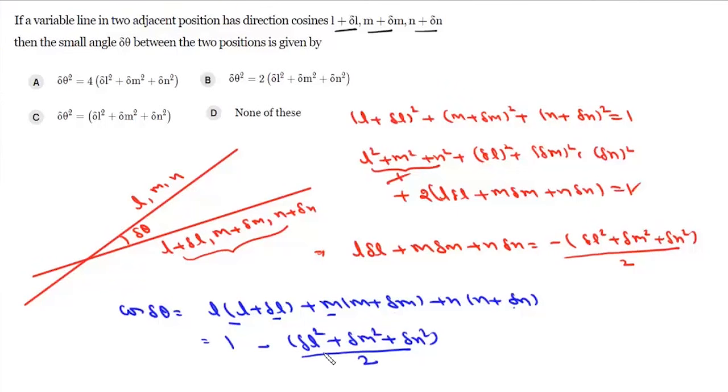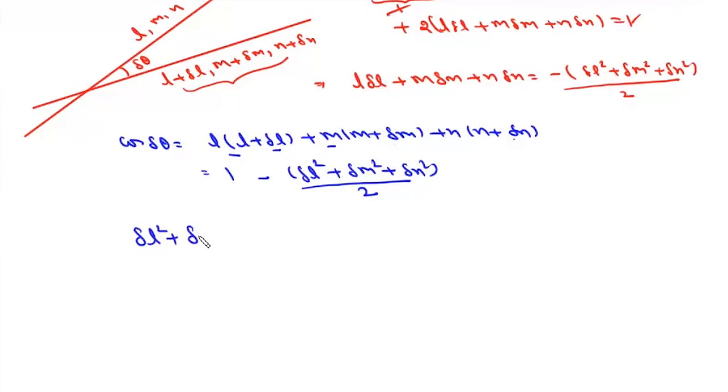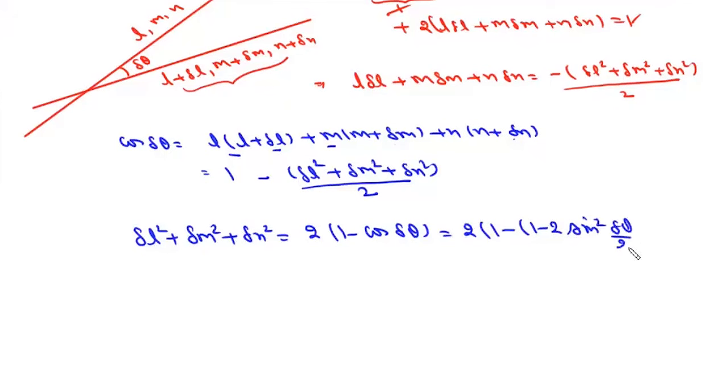Now we'll take this delta square on the left hand side and cos θ on the right hand side. So we can write this as δl² + δm² + δn², and it will be equal to 2(1 − cos δθ). Now we can write 1 − cos δθ as 2sin²(δθ/2). So it will be δl² + δm² + δn², and this is 4sin²(δθ/2).